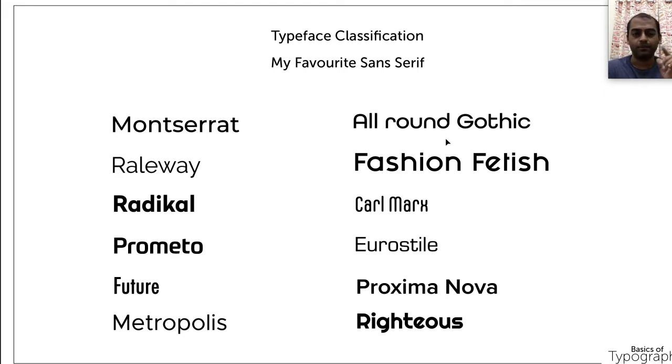Whenever your logo has a circle, or if you are doing an enclosure type logo where you are embedding the icon and text inside a circle, in that case you can go for this All Round Gothic font. It definitely looks great. Or if your icon is designed inside a circle, then definitely go for this font. It connects to that icon very easily.